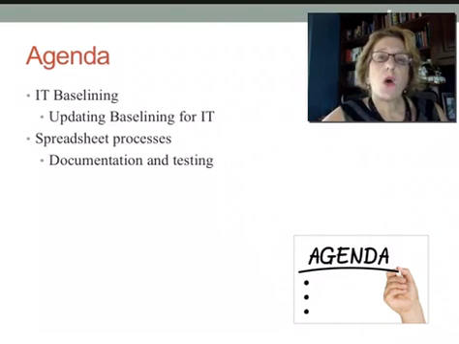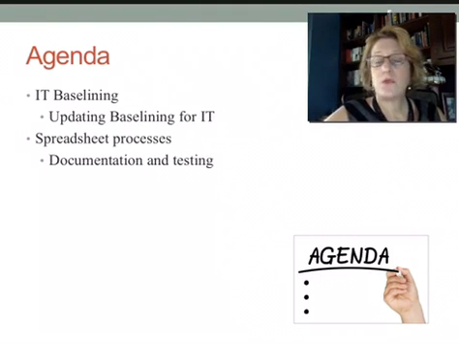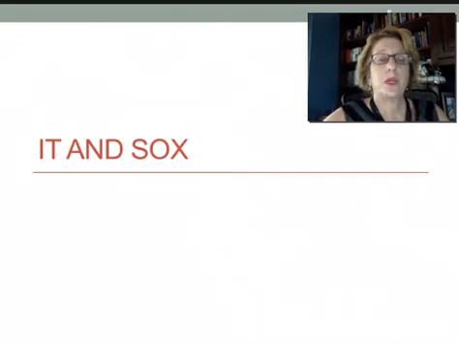I'll talk about what the intention was, what you may look at, how you may update that baselining, and then we'll also get into spreadsheet processes, because for many companies, spreadsheets are ancillary to your internal controls over financial reporting. You may use them very strategically in developing some of your consolidated reports, so they can be very important.